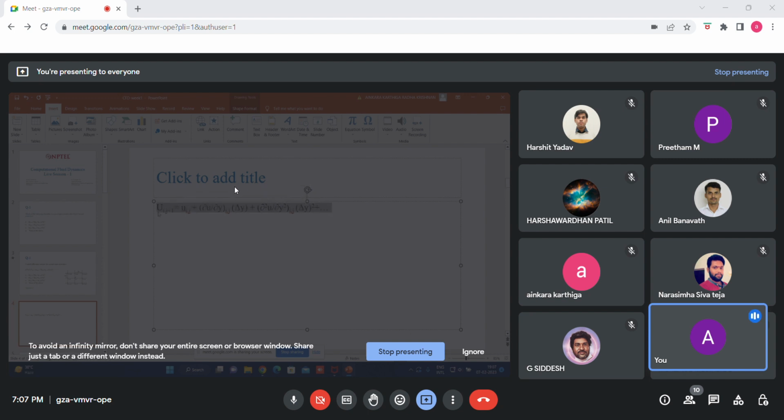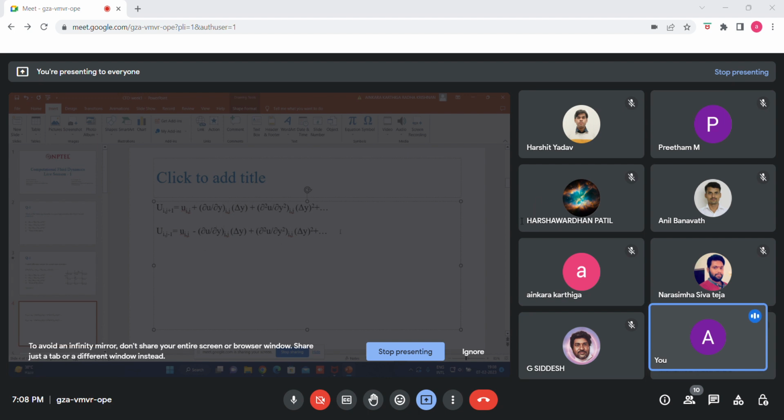Similarly, for finding the value at (i, j-1), we use (i, j), the formula remains the same, and this will be like minus, and all other things remain the same.